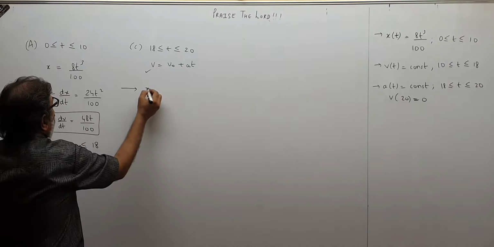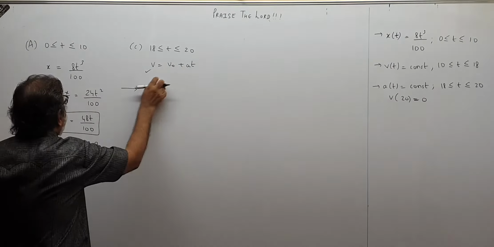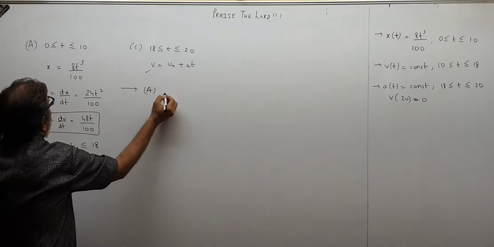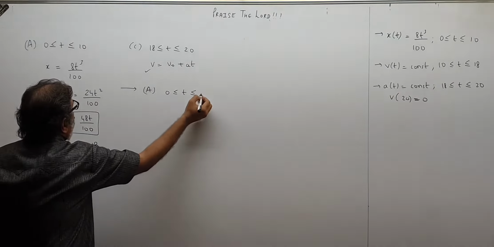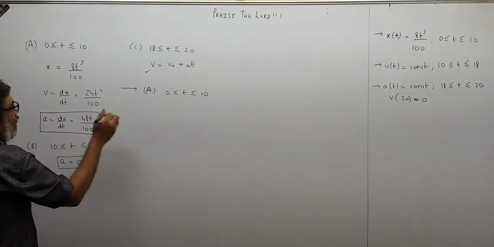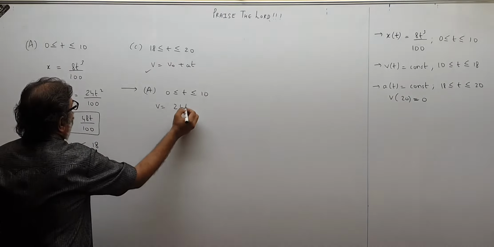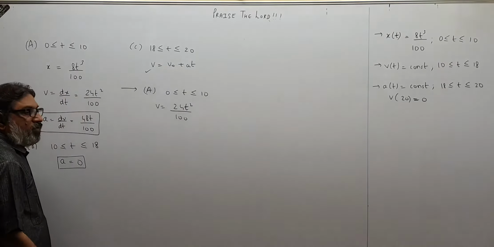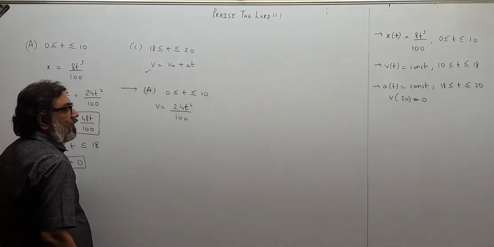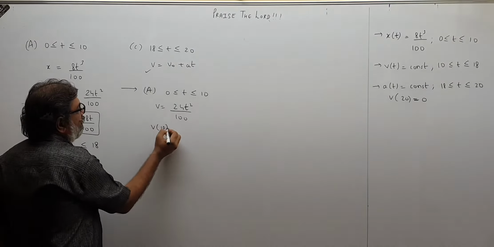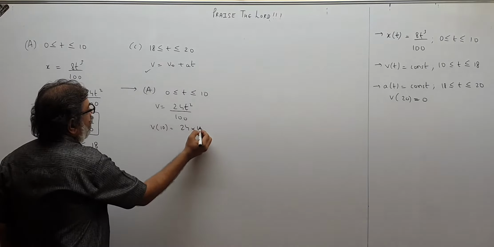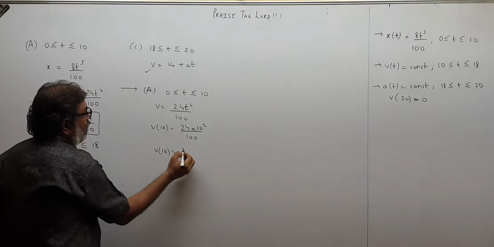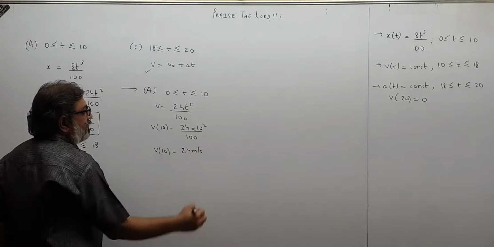See, my formula for velocity, again I come back to this part A, when 0 less than or equal to t less than or equal to 10, the formula for velocity is 24t squared upon 100. Okay, this is the formula for velocity from 0 to 10. So what will be the velocity at the 10th second? That will be 24 into 10 squared upon 100, and velocity at 10 seconds will be 24 meter per second.